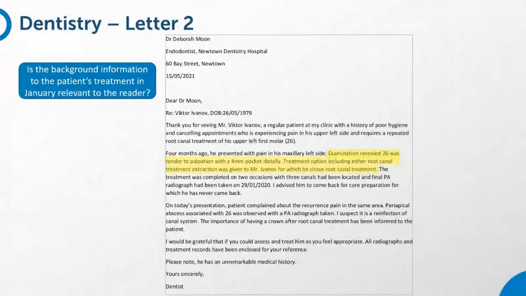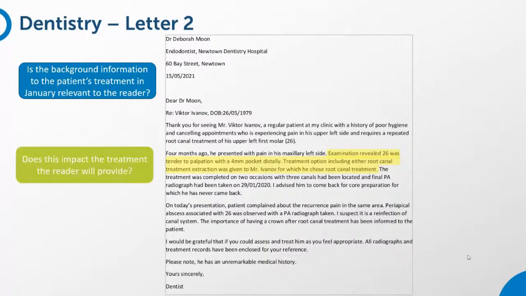All right, I will be the adjudicator. So this information we can see from the case notes, and we can remember that the patient now has a pressing concern of a periapical abscess, which makes it the reader's main concern too. So they need to know the facts of the previous treatment, but not all of the details, such as the treatment choices that were offered, the exact treatment process, and so forth.